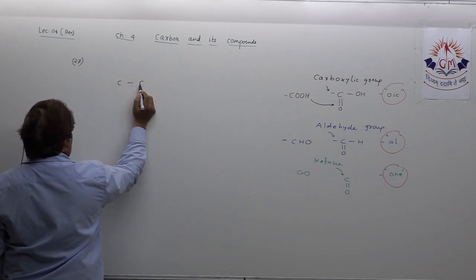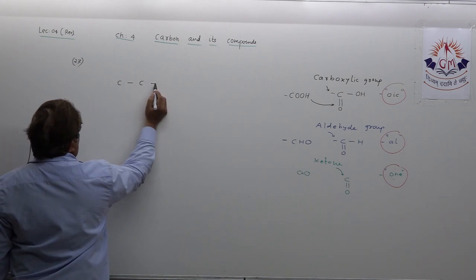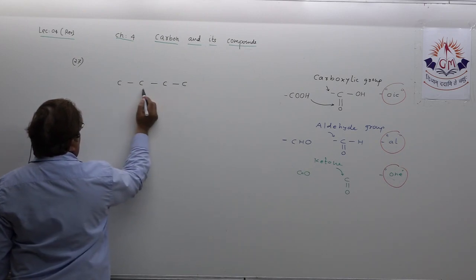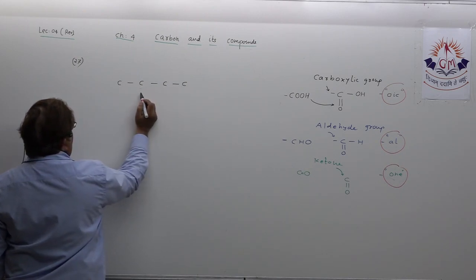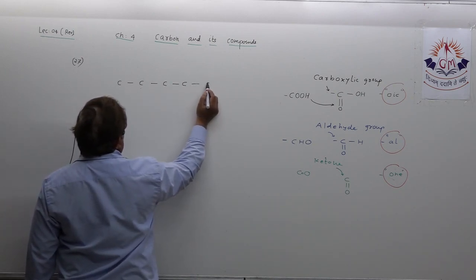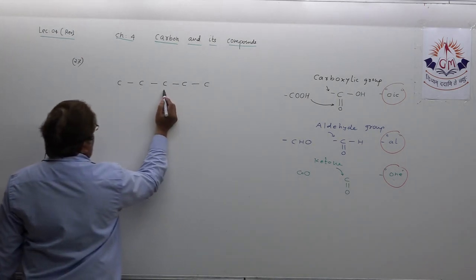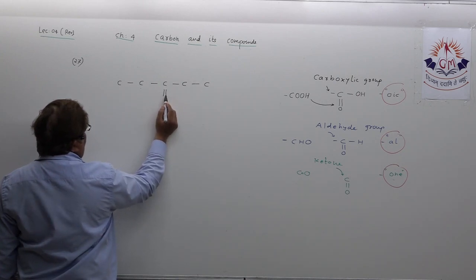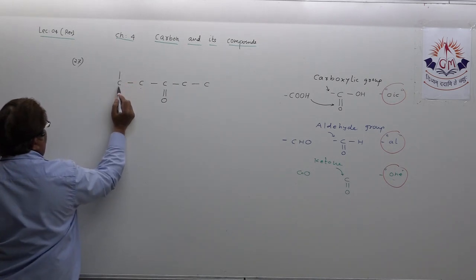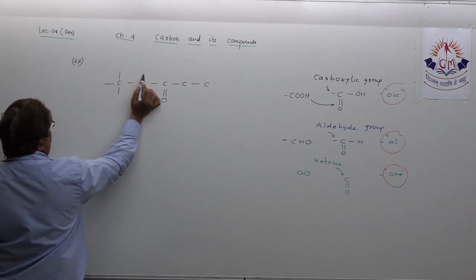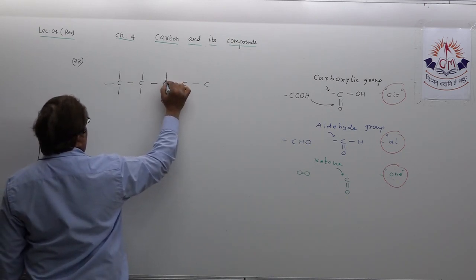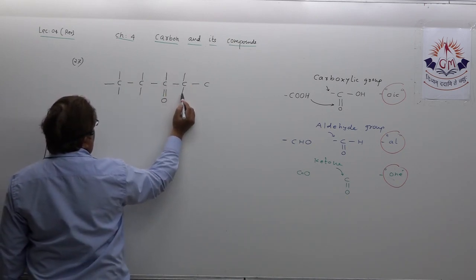C, C, C, C, C. Still one, let us take, and here I am showing this, and the rest of the valencies of the carbon atoms are to be satisfied by hydrogen atoms.